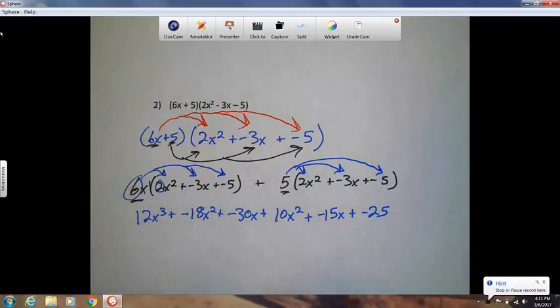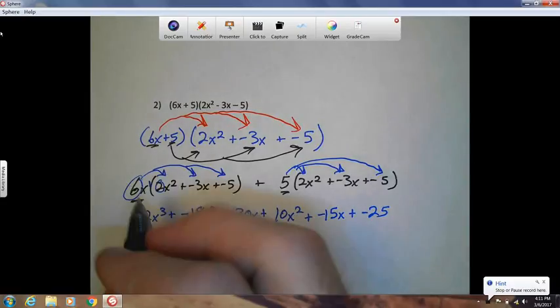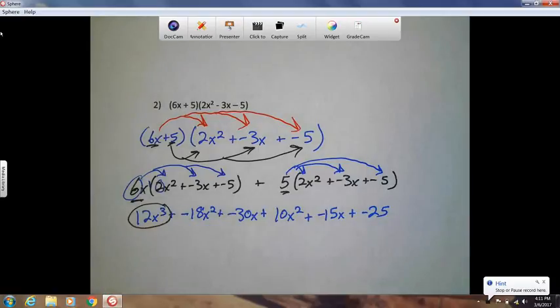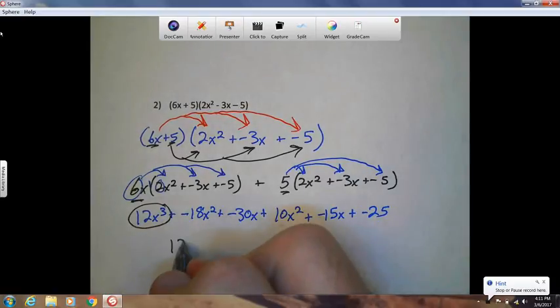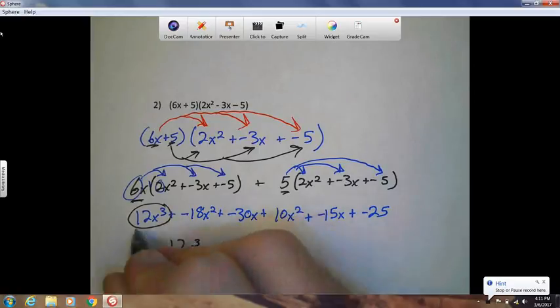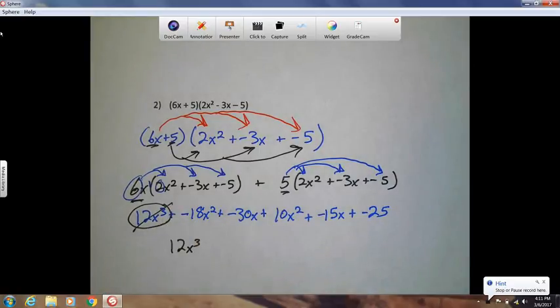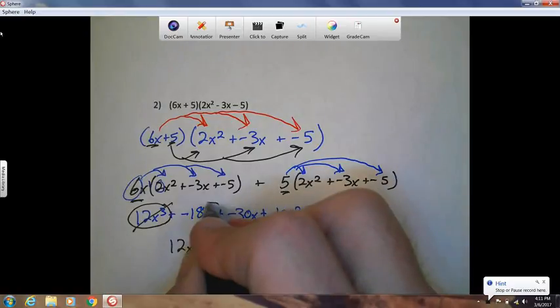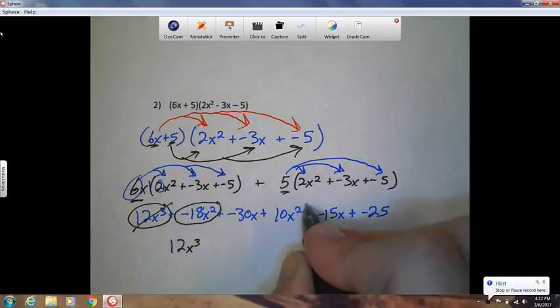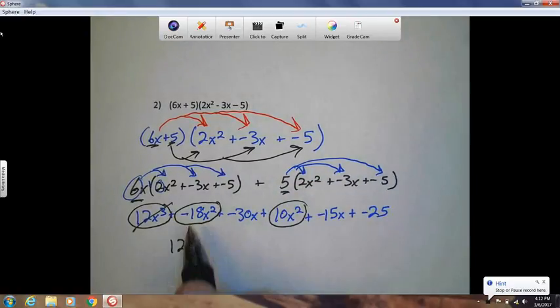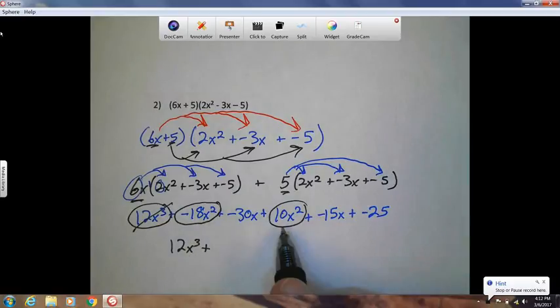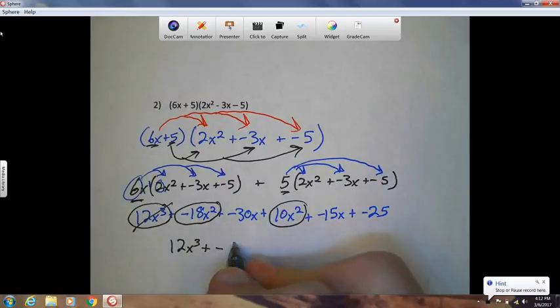Now I need to check for like terms. Here I have x to the third power. I have nothing else that is x to the third power, so that's part of my answer. Next, I'm looking for x to the second power. I have a negative 18 and a positive 10. So that gives me negative 8x to the second power.